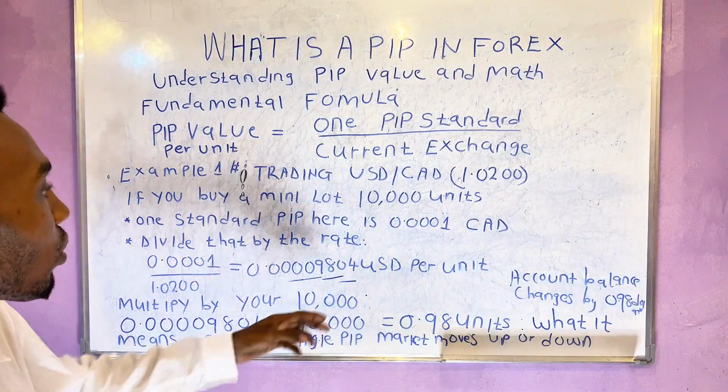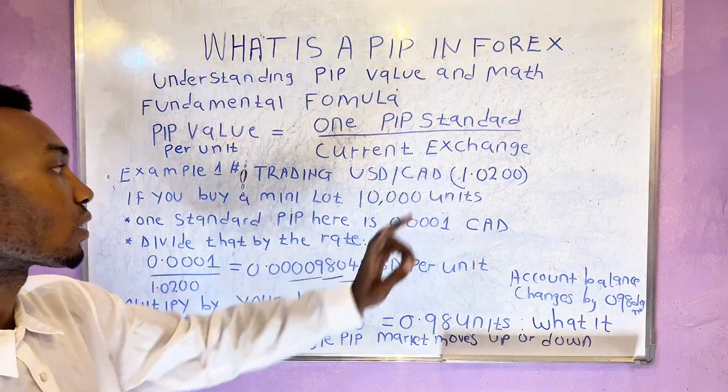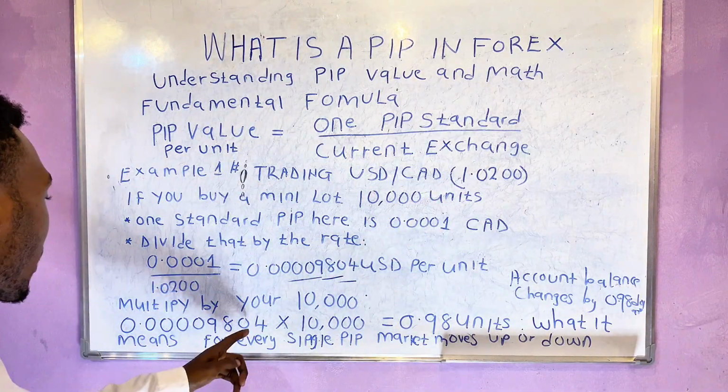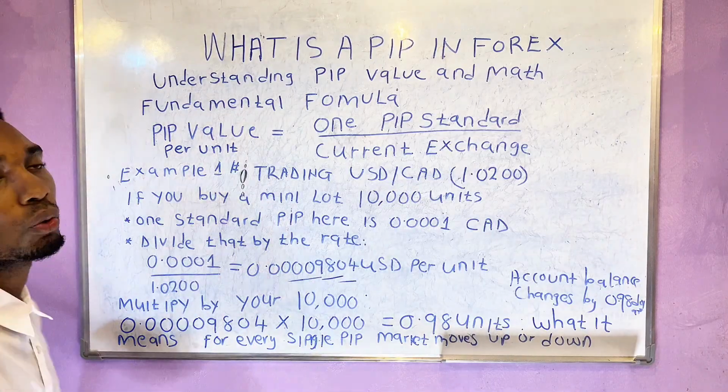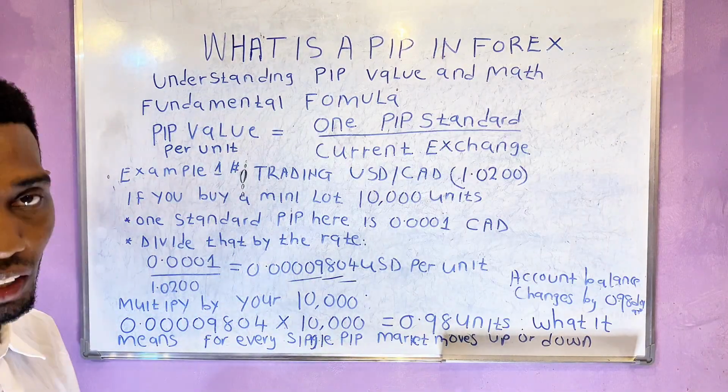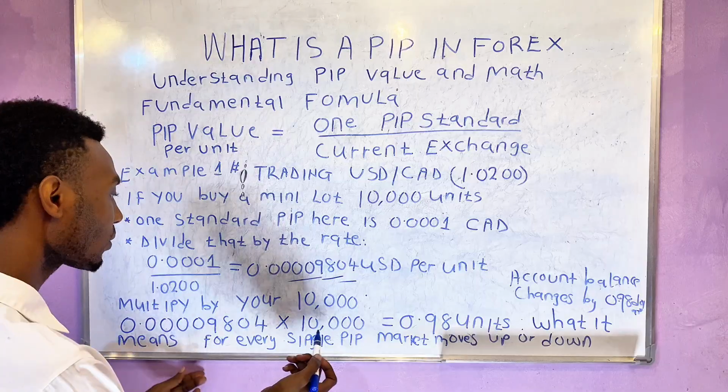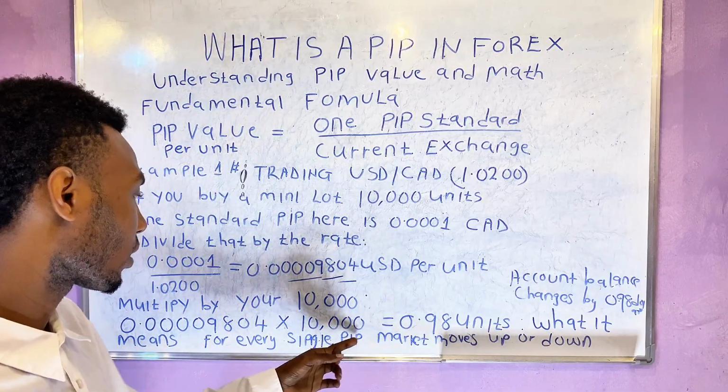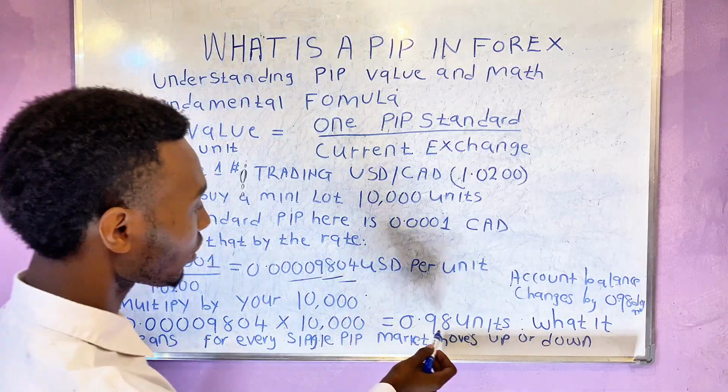Now you multiply, because you are using the 10,000 units lot. You say times 10,000. If it was 100,000, that is a standard lot. Now you get 0.99.